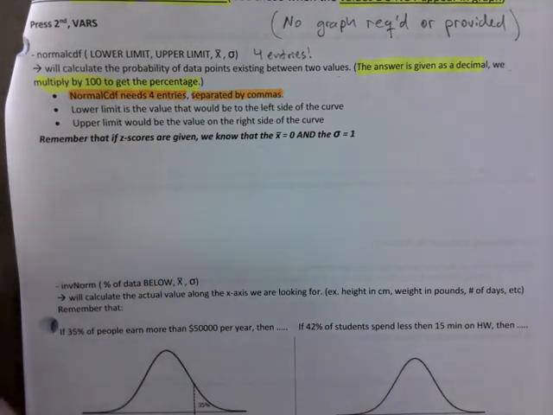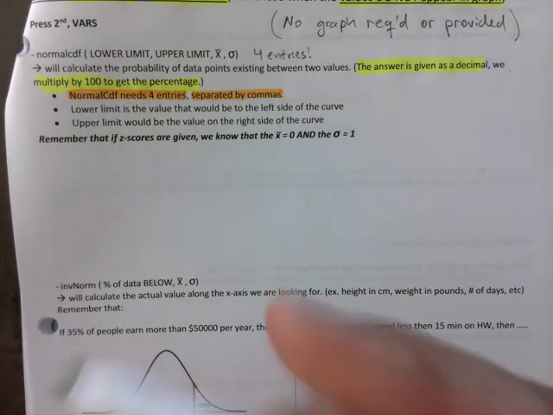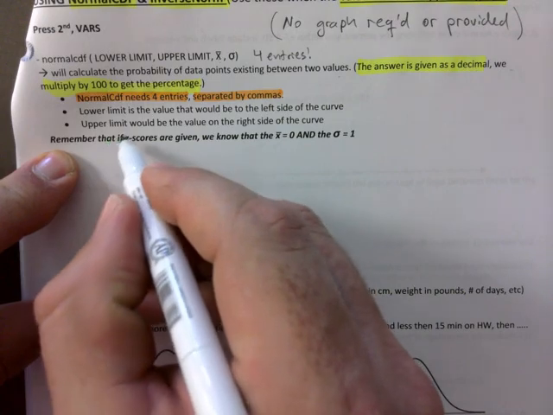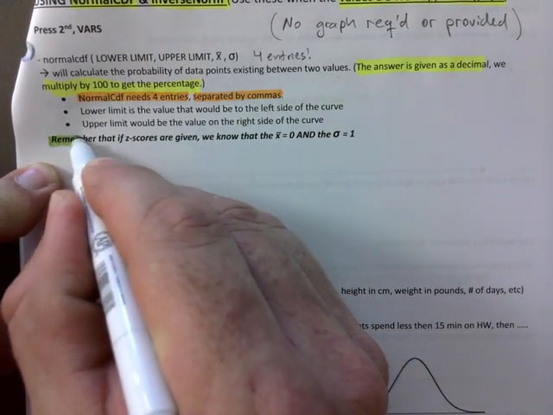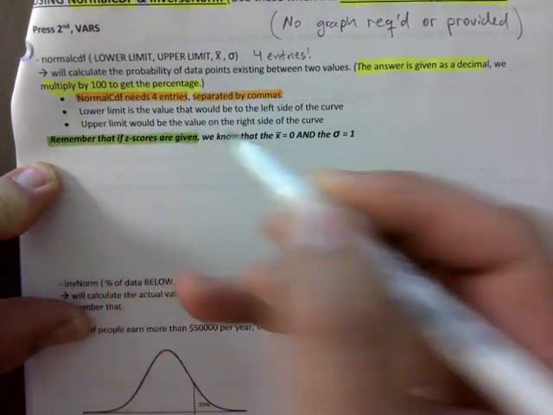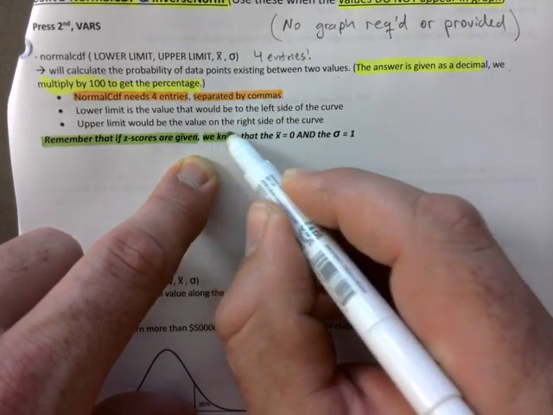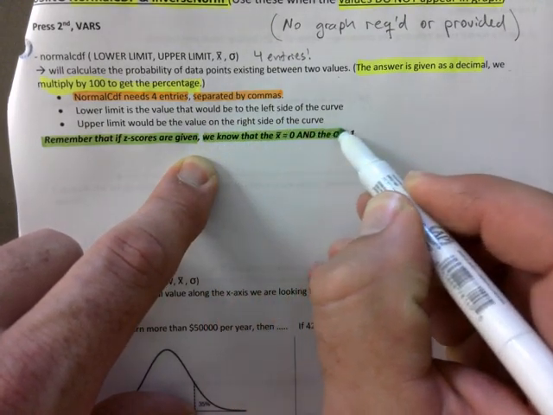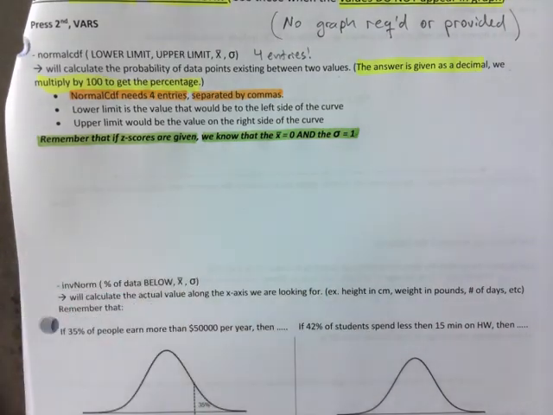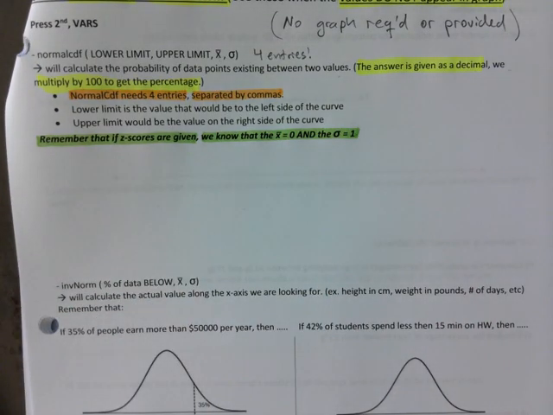Remember, I'm going to use a different highlighter for this one. Remember that if z-scores are given, this is important. I added that just for you, this group. If z-scores are given, we know that the mean is 0 and the standard deviation is 1. Don't forget that.